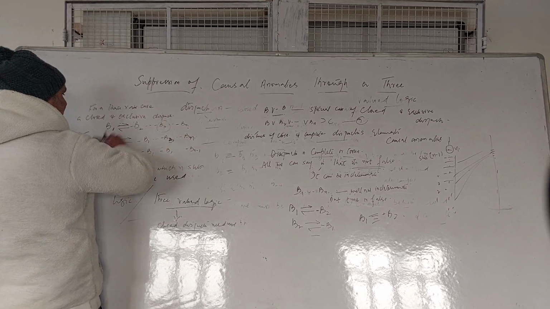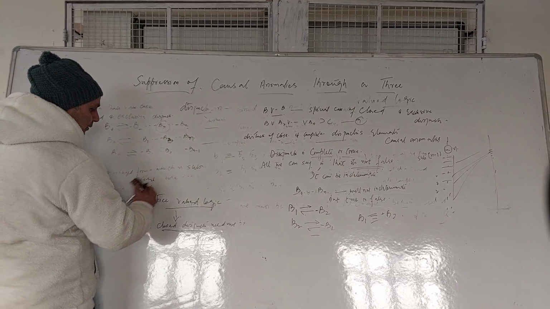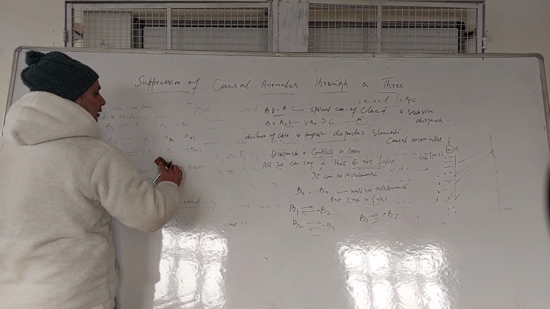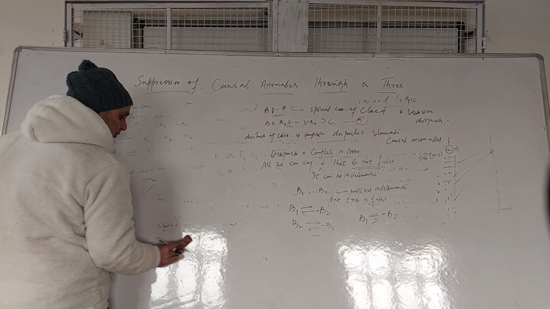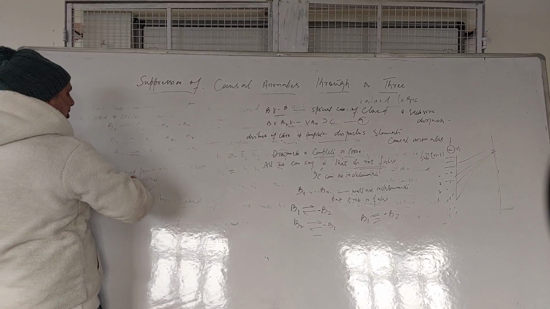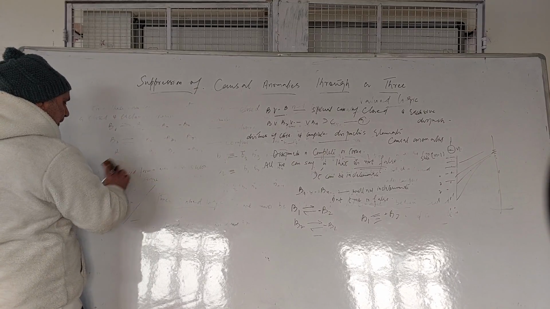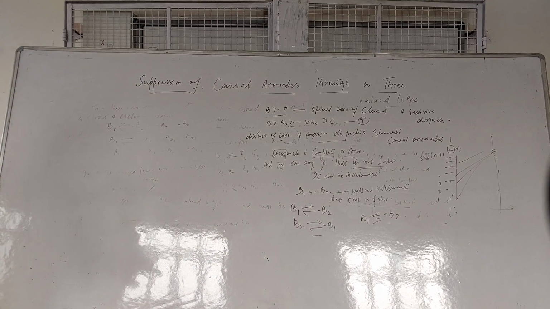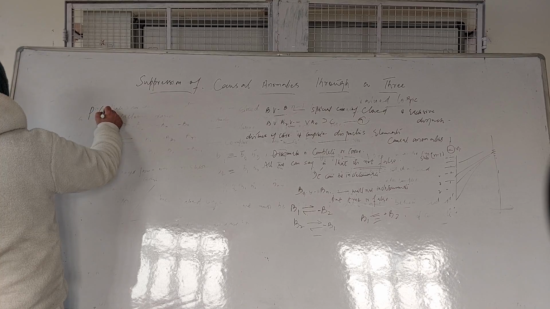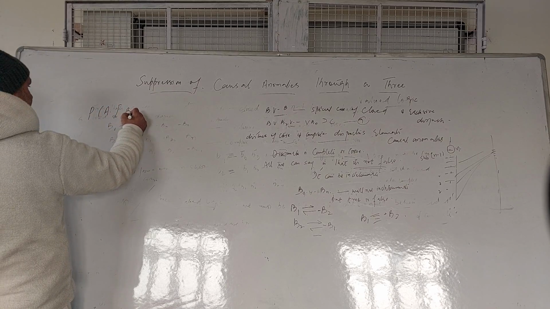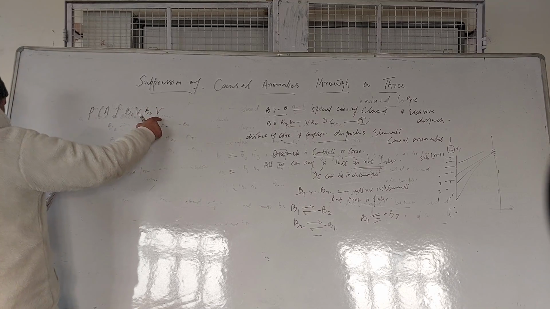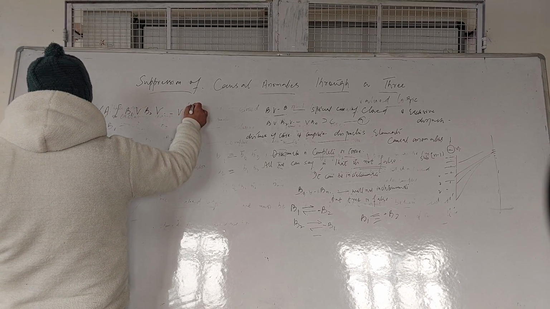The thing is the probability of A, B1, B2, the disjunction of A, B1, B2, to B and C.